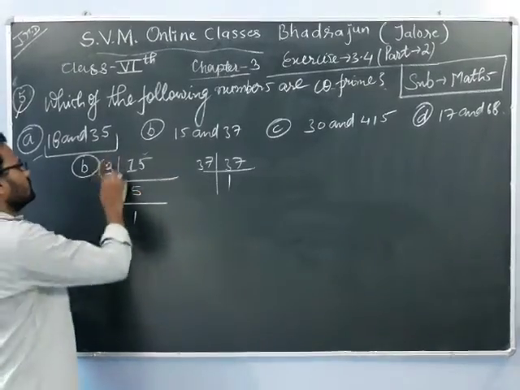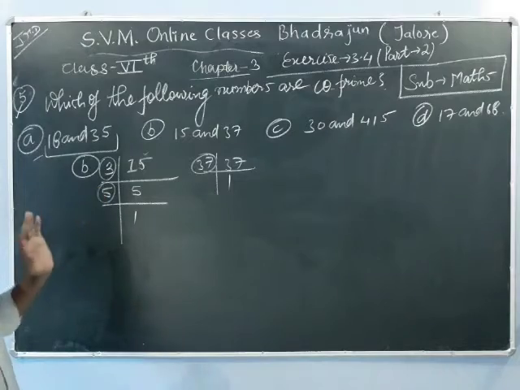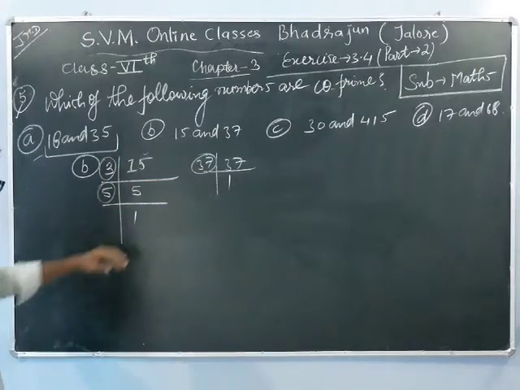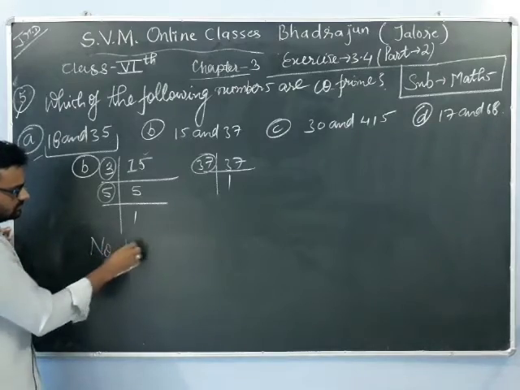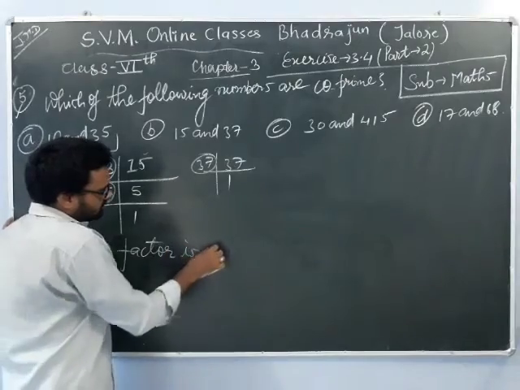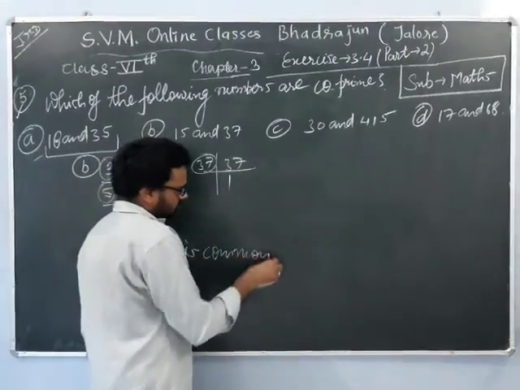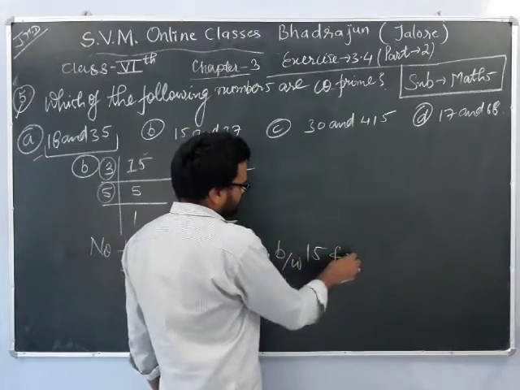Now here also we are seeing no factor is common between these two numbers. Okay, so no factor is common between 15 and 37.